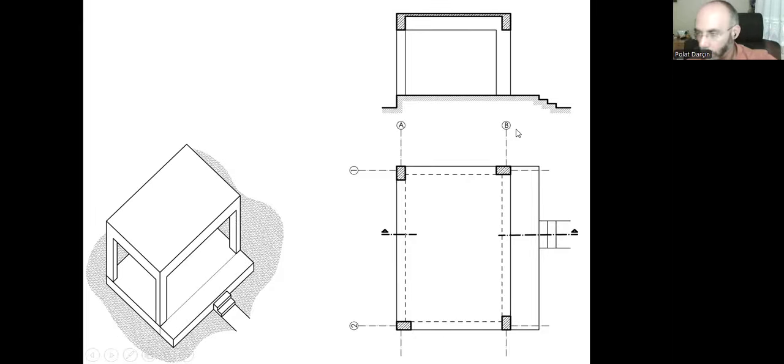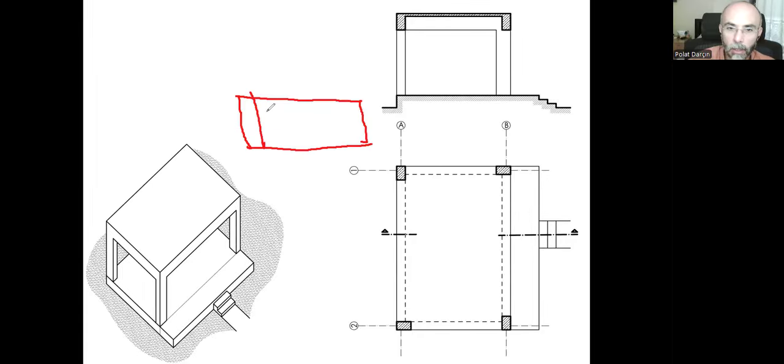Obviously, we have only four columns, two columns on one direction, two columns on the other direction. But just imagine that we created a building like this, and there are lots of grid lines in this direction, and fewer grid lines in this direction. So, with the large number, you use numbers.